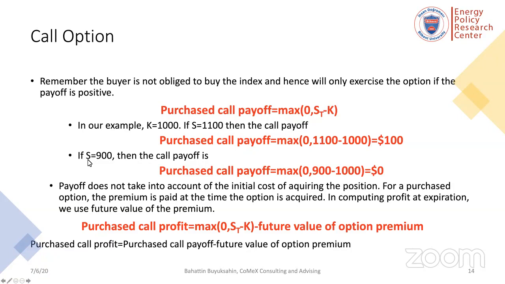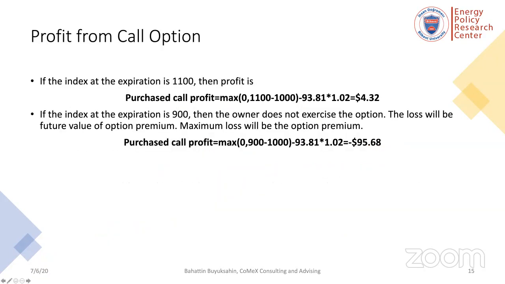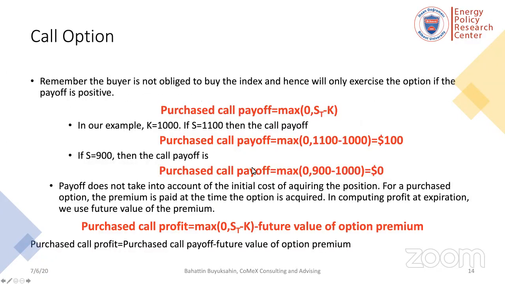If, on the other hand, the spot price turns out to be 900, then the call payoff is the maximum of 0 and minus 100, which is 0, of course. Therefore, there is no exercise, so you let the option expire, and the payoff is 0.